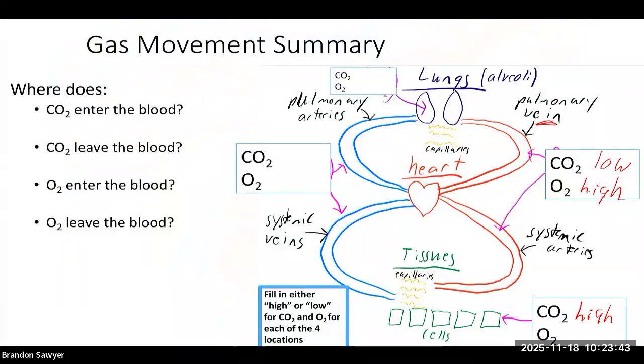And then we're going to have low levels of oxygen there, which is what allows oxygen to move from high to low. And that allows CO2 to move from high to low as well. So CO2 is entering the blood down there at the tissues.